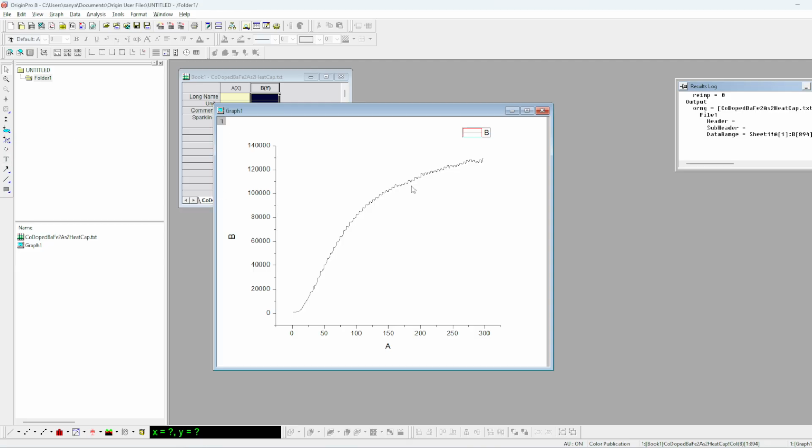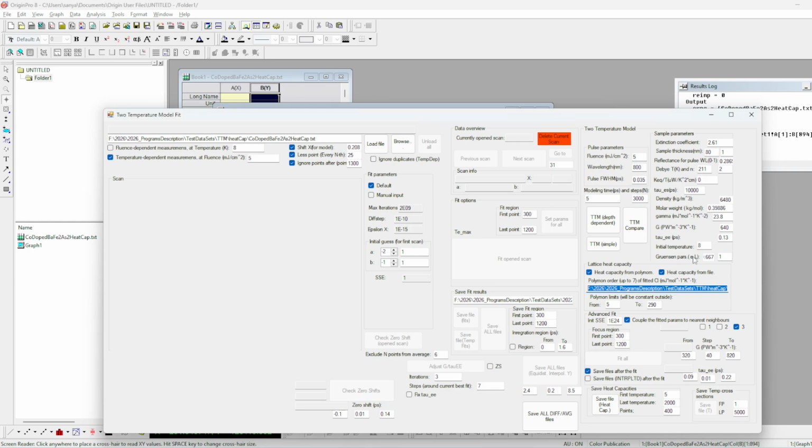You can see that initially I have very slow variation, and after some temperature I also have very slow variation. So at higher temperature I can assume that my heat capacity is already constant.